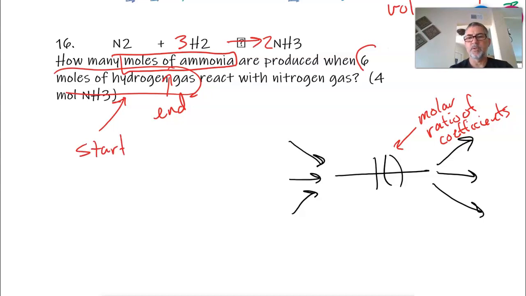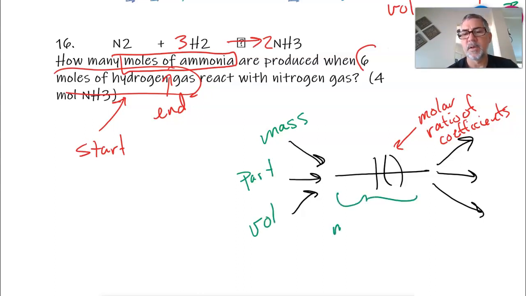Remember, this would be mass, particles, and then we have volume.